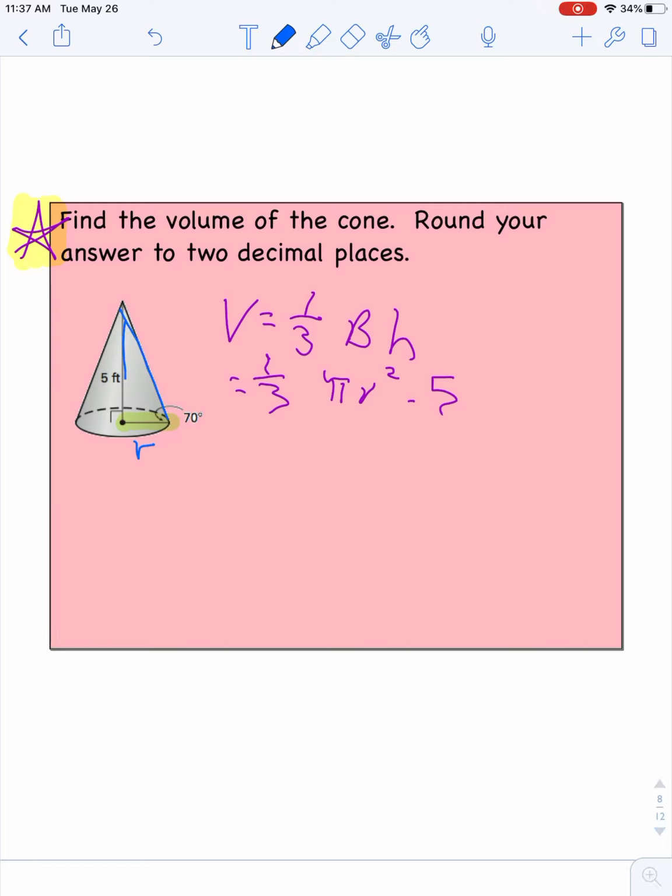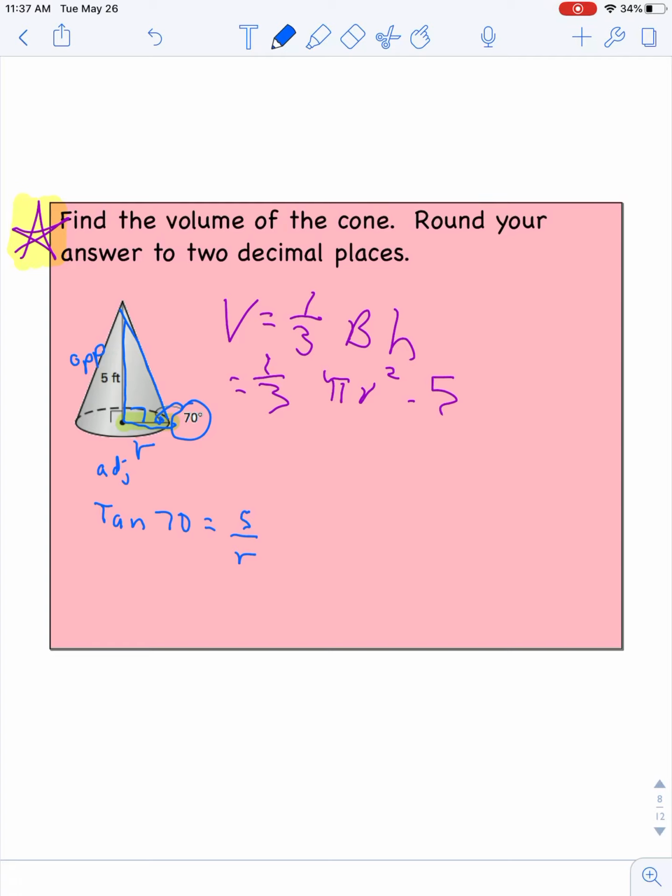This is a right triangle right here, and I know that this is a 70-degree angle. That's marked. And from that 70-degree angle, I know the side opposite, and I know the side adjacent. And opposite and adjacent are tangent. So the tangent of that 70-degree angle is equal to the side opposite over the adjacent.